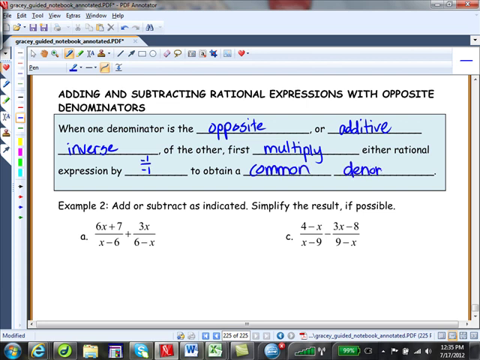Remember, the denominators need to be the same in order to add or subtract.